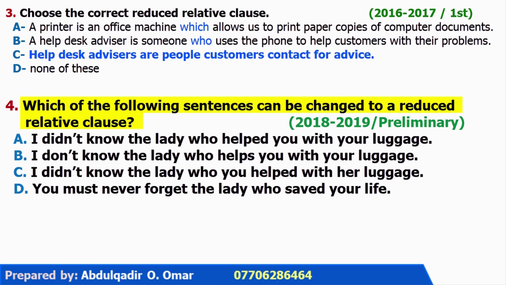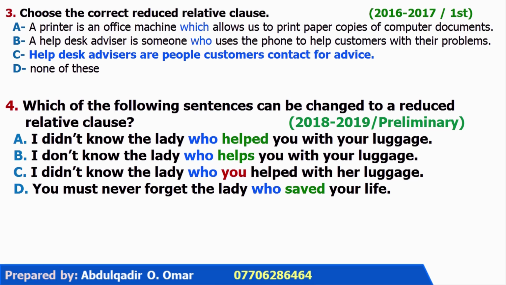So, in such a question, just look for the one which is followed by a subject. Here, in all the choices, the relative pronouns are followed by a verb, except for choice C. It is followed by a subject, you, who you helped with her luggage. So it could be changed to a reduced relative clause.